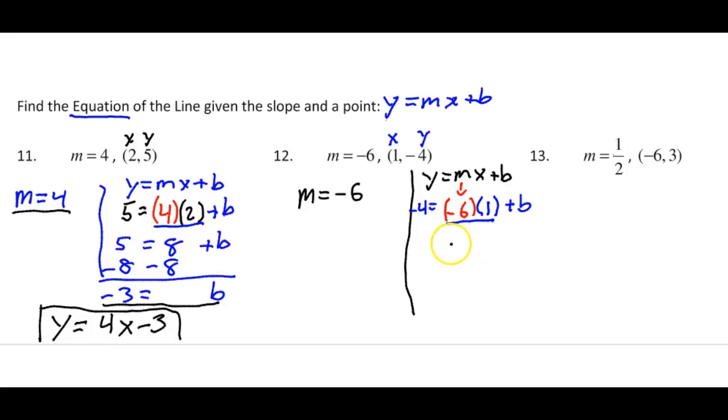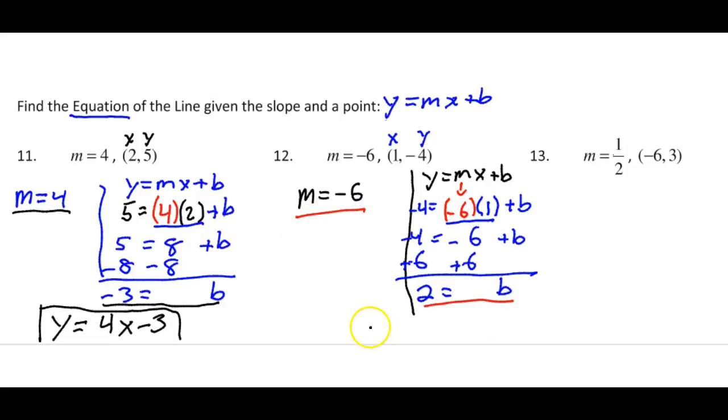Negative 6 times 1 is just negative 6. And then go ahead and add 6 to both sides. Negative 4 plus 6, or 6 minus 4, same thing. You'll get 2. Okay, so the final answer is going to be m equals -6, y-intercept is 2, y equals -6x plus 2.